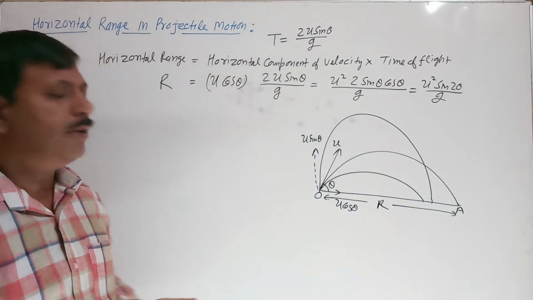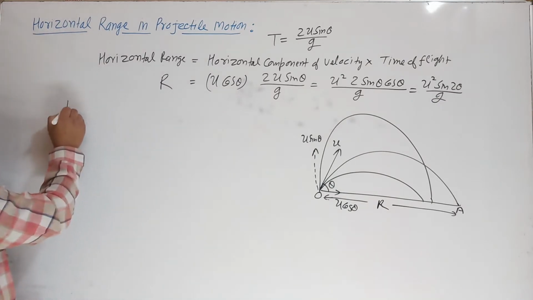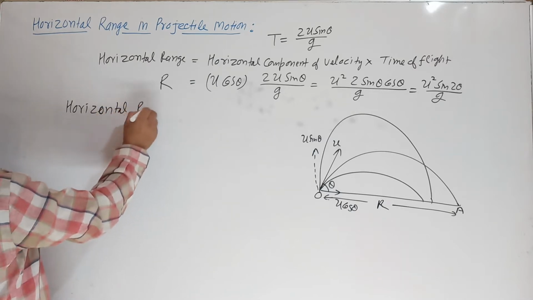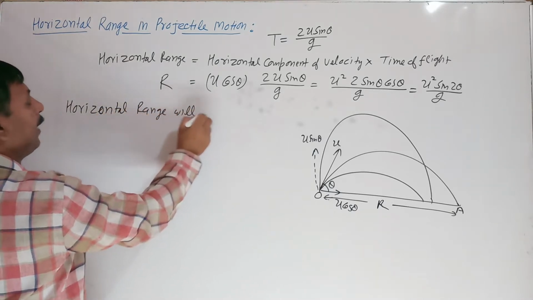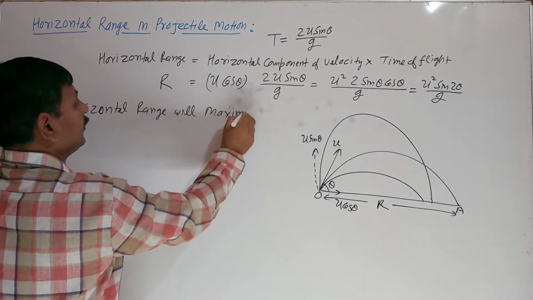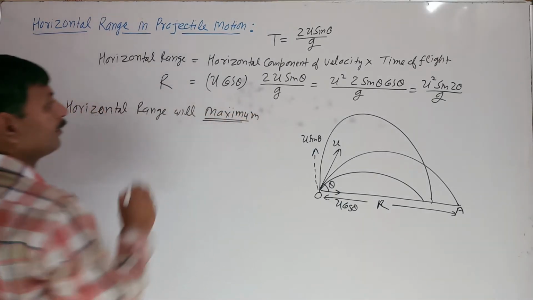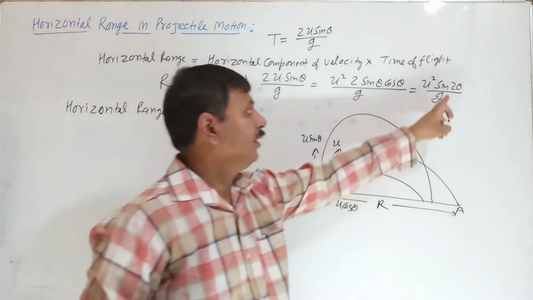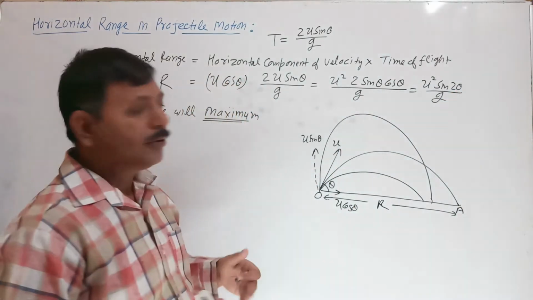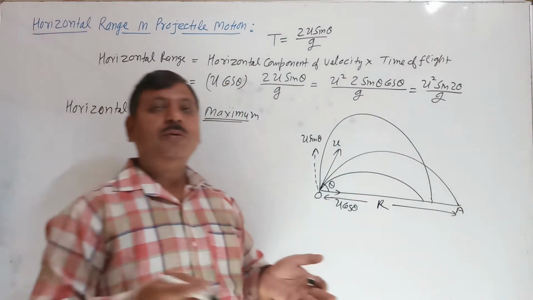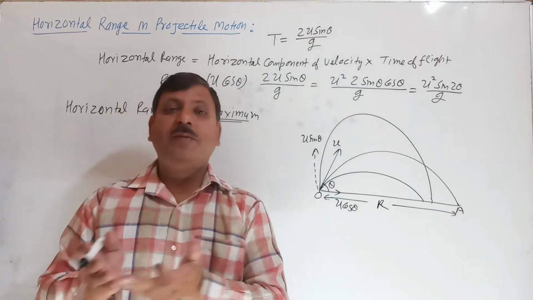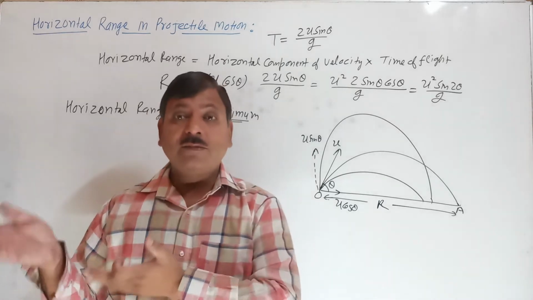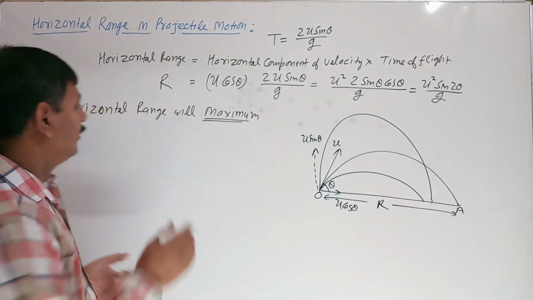So when will the horizontal range be maximum? If u is constant, it depends upon sine 2 theta. When sine 2 theta is maximum, we know the sine value varies from -1 to +1, so the maximum value of sine 2 theta is +1.